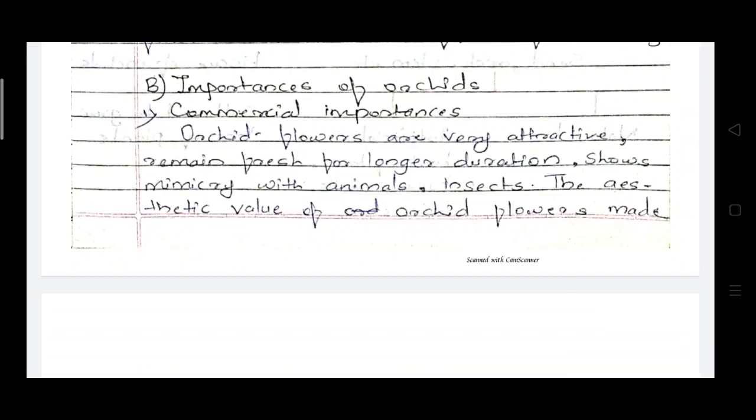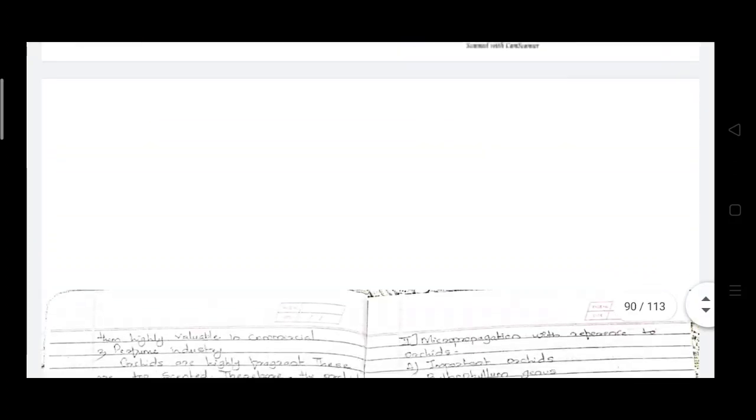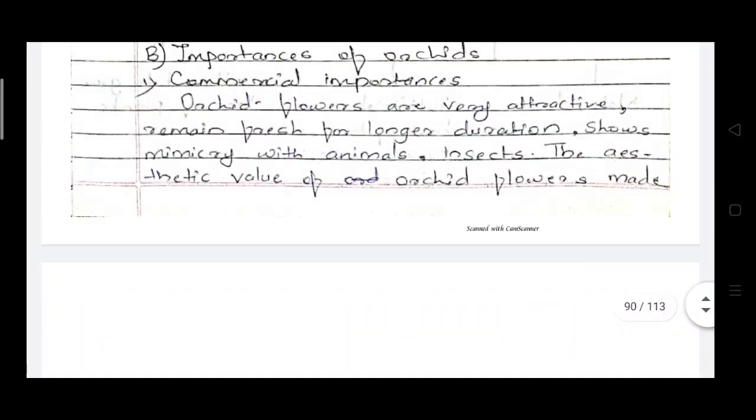The aesthetic value of orchid flowers made them highly valuable commercially. These flowers show mimicry with animals or insects. That means some flowers of orchids look like animal faces, like the faces of monkeys or some insects.